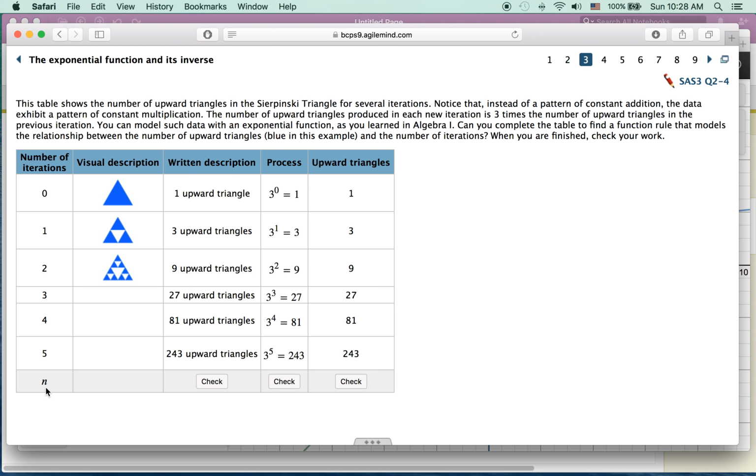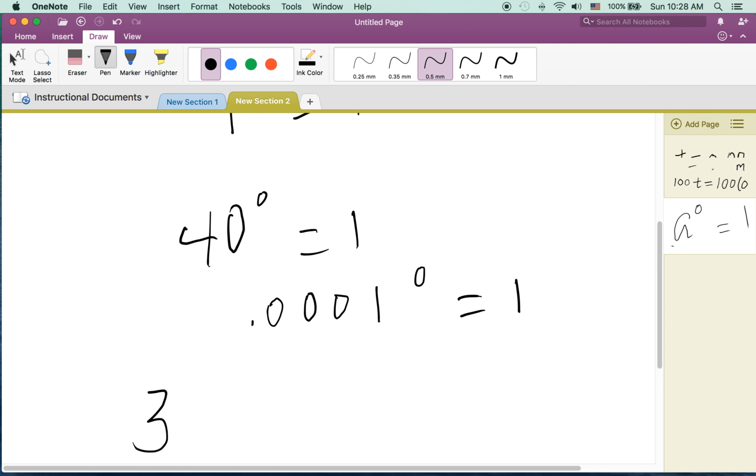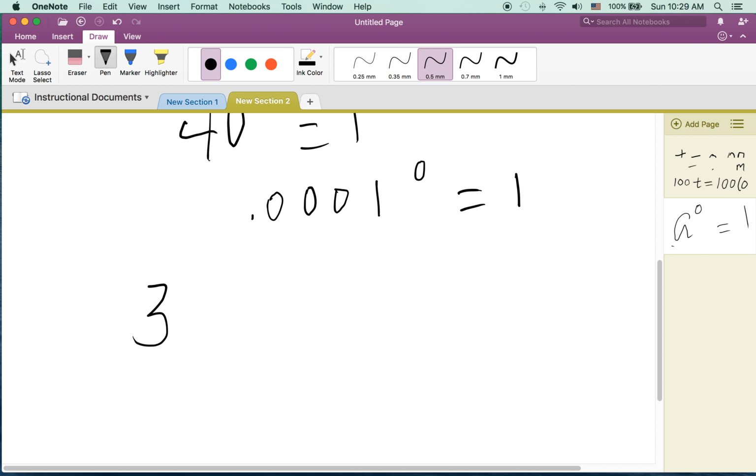Now what we want is to say, what is this for any old number? So we'll use the integer number n. What is it going to be? It's going to be 3 to the n. And this works for any number of iterations. So here's our function. We can put this in function notation.